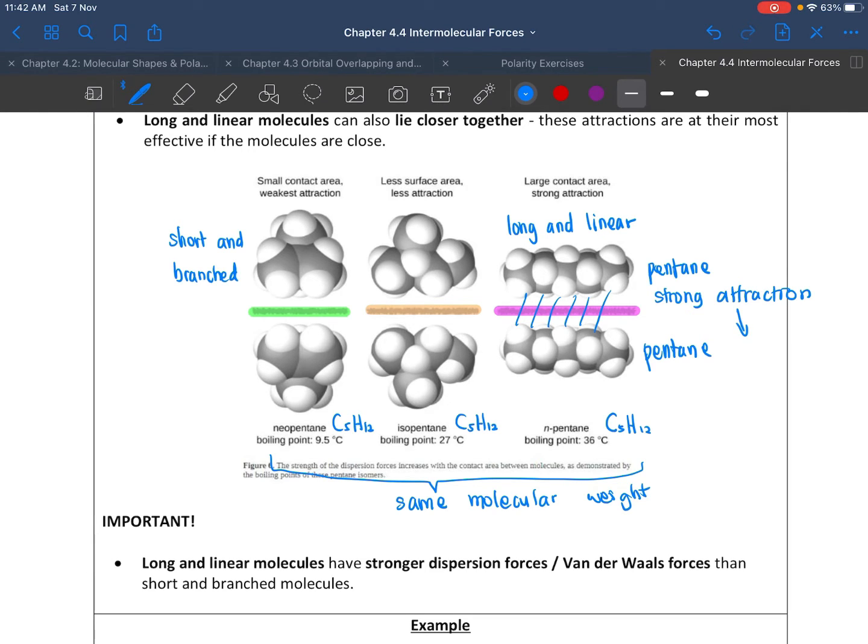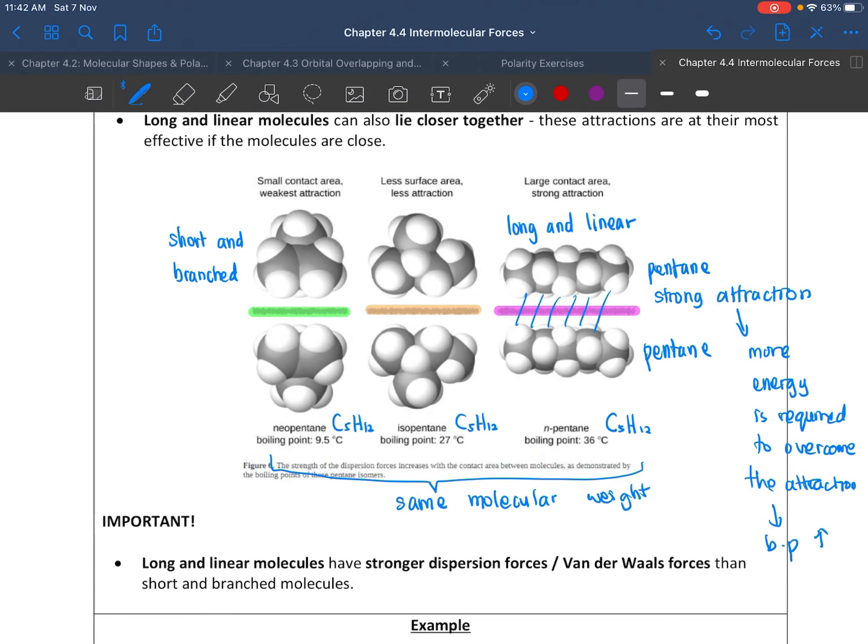Okay, so to break the bond, you will need more heat, or rather we won't write more heat energy, we will write more energy is required. So more energy is required to overcome the attraction. Since more energy is required to overcome the attraction, that means the boiling point will increase.